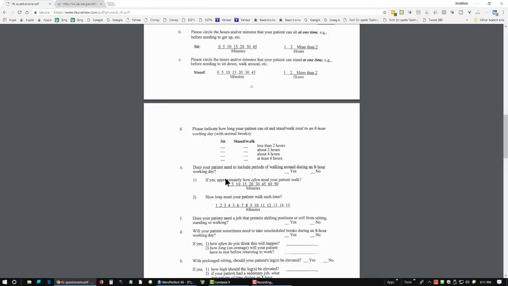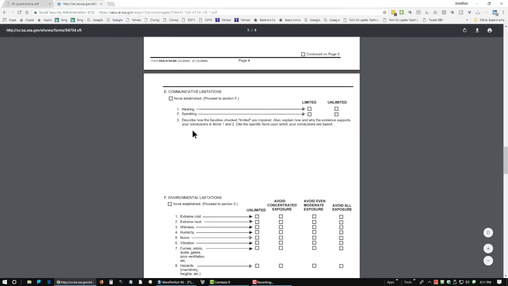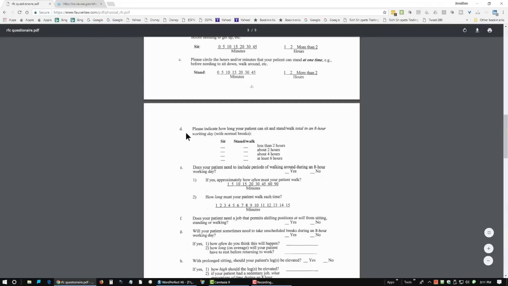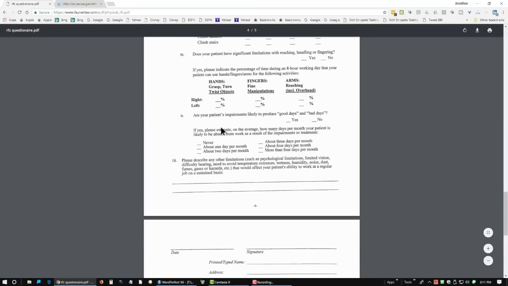And to assume that the doctor is going to know to think about these things in his little narrative statement over here, where it says describe what that means, that's just not going to happen. So this form is a lot better. This has got things here, talks about how many days is your patient likely to be absent from work. Never. 1 day, 2 day, 3 day, 4, more than 4 days.